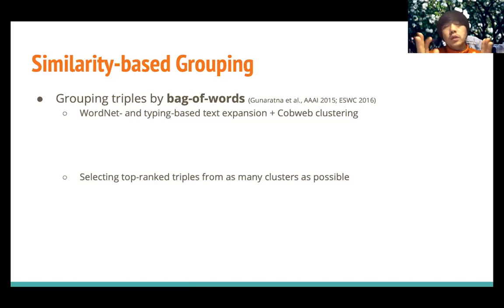For example, if we want to select k triples in the output, but we have less than k clusters or groups, firstly we select one triple from each group or cluster, but still we have not collected k triples.